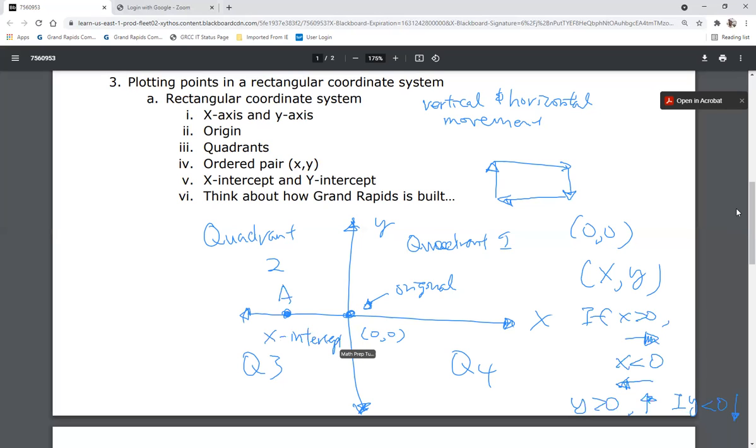Point B sits on the y-axis, so it is considered a y-intercept. One good thing about intercepts is this: if you have an x-intercept, the y value is always 0. If you have a y-intercept, the x value is always 0.